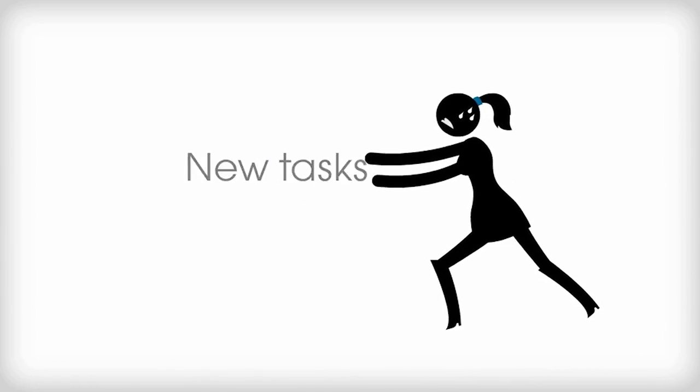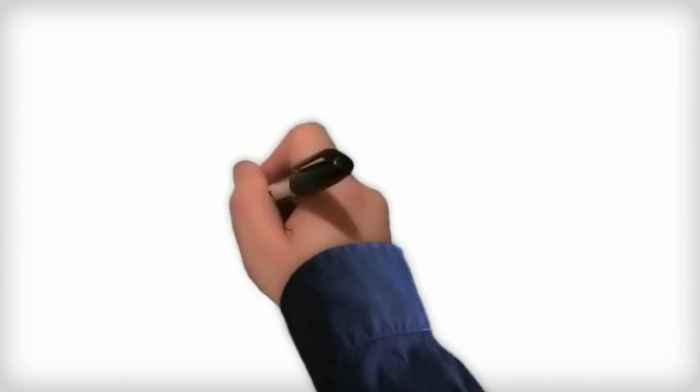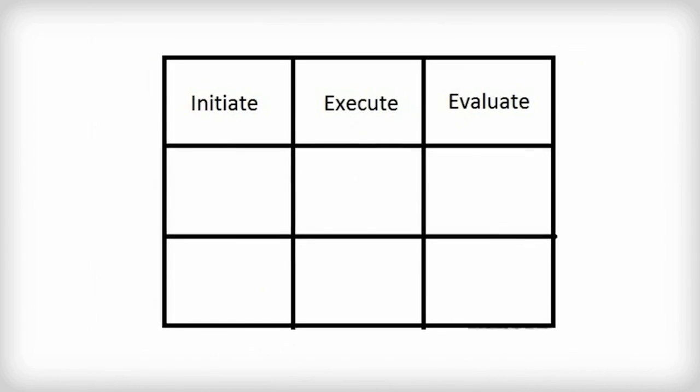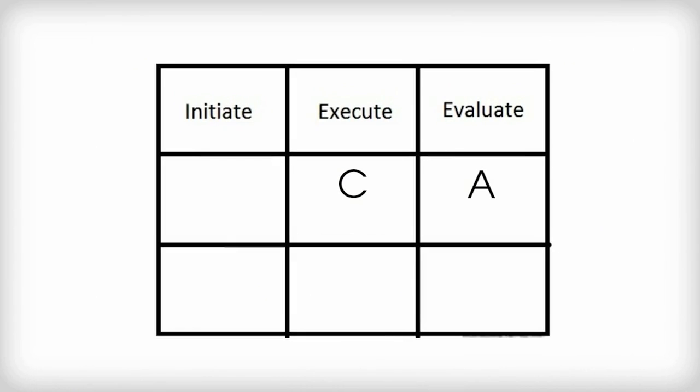For instance, let's take tasks that are listed as A, B, C, and D. Each of them are in different stages. Suppose task A is in the evaluate stage and task C is in the execute stage. So for C to move to the evaluate stage, it is necessary that A be cleared quickly.